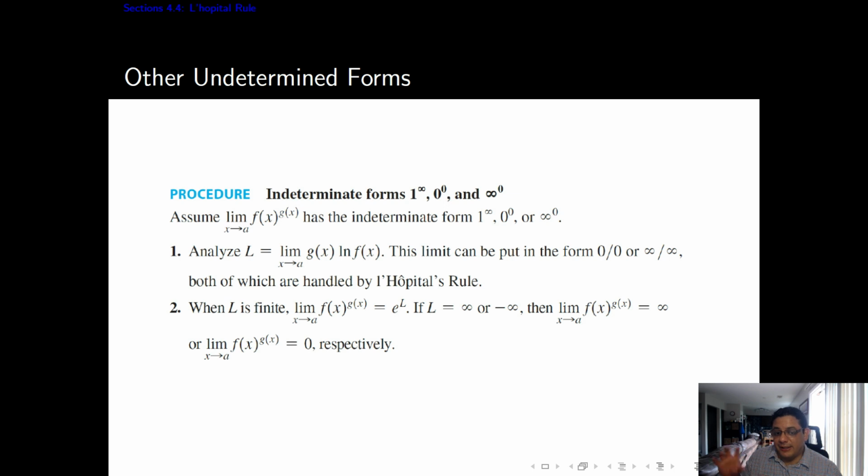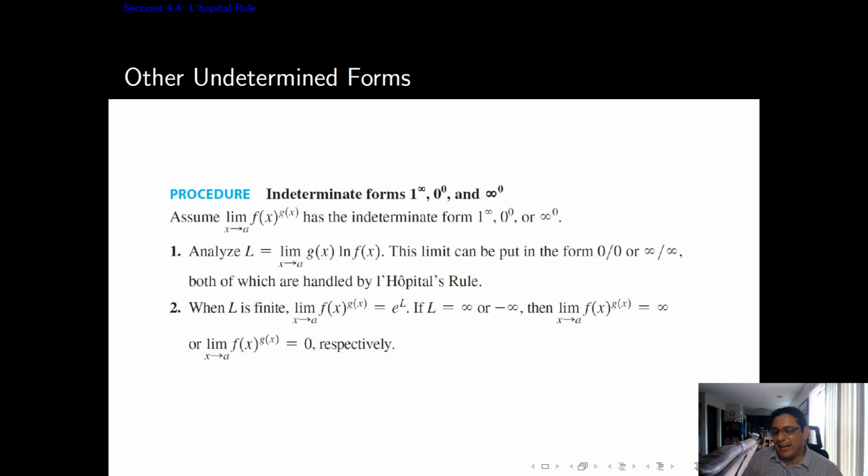Then we're going to say the limit is some number L once we apply the logarithm to it. So L is the limit when x goes to a of g of x times ln of f of x. This limit can now be put in the form of 0 over 0 or infinity over infinity.